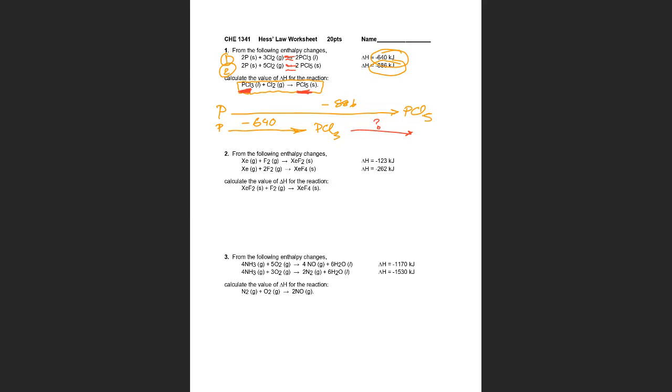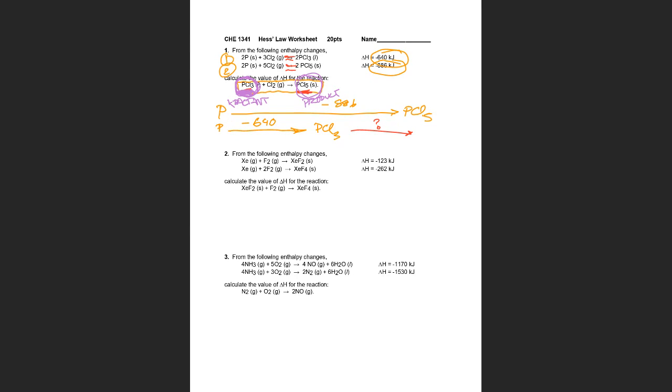You look at the data that's given to you in the question, and then you look at what it is that you are being asked to find. And the thing that you are being asked to find has PCl3 as a reactant and PCl5 as a product.